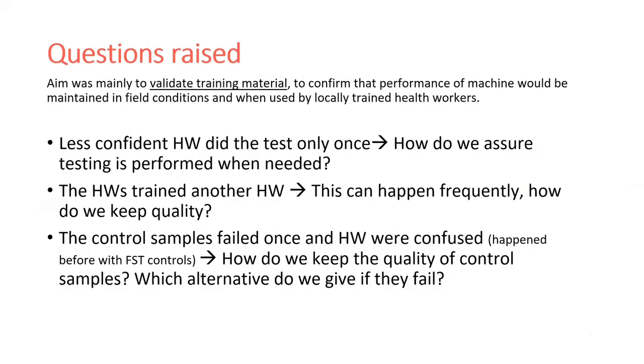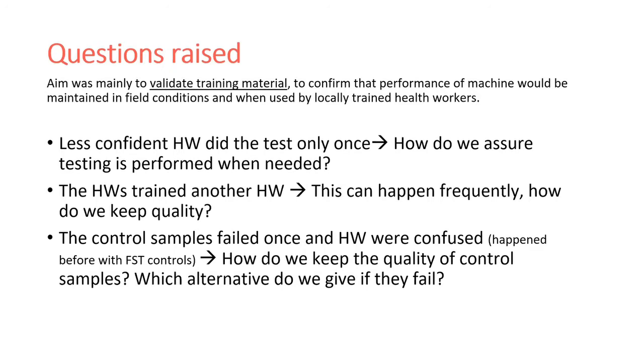So again, since the main aim was to validate the training material and at the same time also to confirm the machine was still working, I summarize here 3 points that we observed that I think are worth discussing. Obviously, when we train anyone, really a group of people, we would see that there are different skills. In this case, it wasn't different, but what we observed in the unsupervised use was that the health worker who showed to be less confident during the user proficiency questionnaire actually did the test only once during the 2 months.